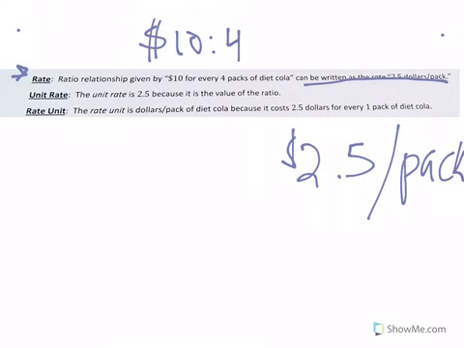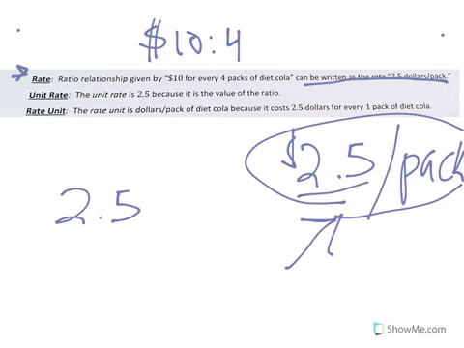So if there's a 10 for 4 sale going on, but you only want to get 1, you want to find the rate. The unit rate is just 2.5 because that's the value of the ratio, right? To have the rate, you have to include both sides: 2.5 or $2.50 per pack, or for every pack. The unit rate is just 2.5.